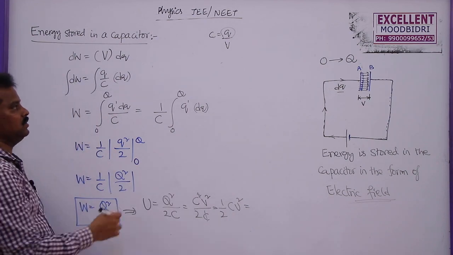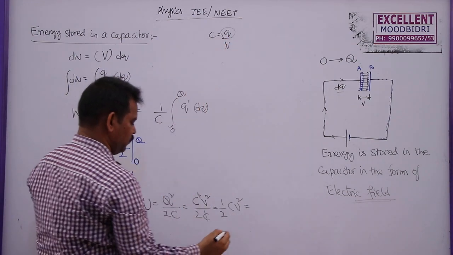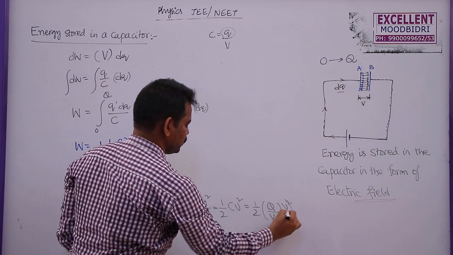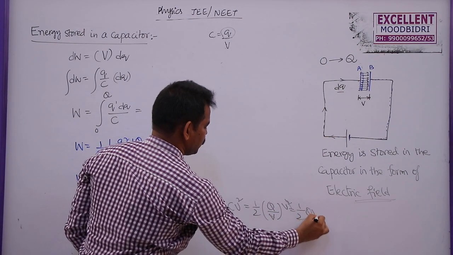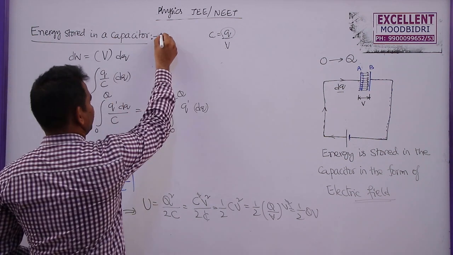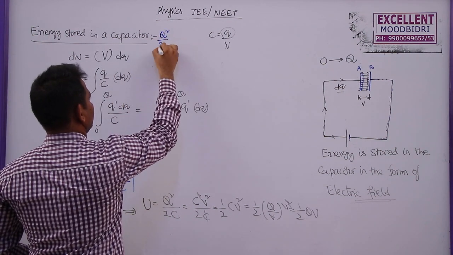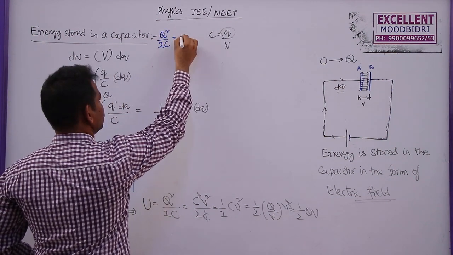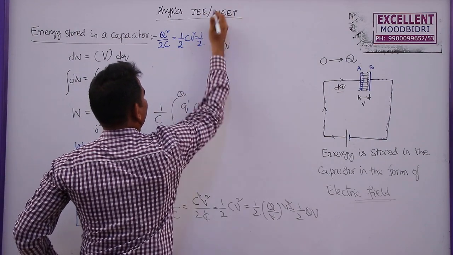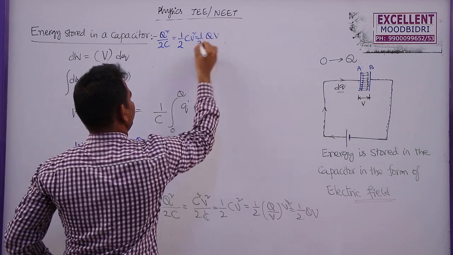This can also be written using C is equal to Q by V. So half into Q by V into V square, V cancels, half QV. So we have different formulas to find the energy stored in a capacitor, which is given by Q square by 2C, which is also equal to half CV square, which is equal to half QV.